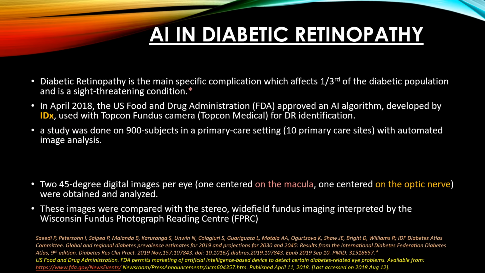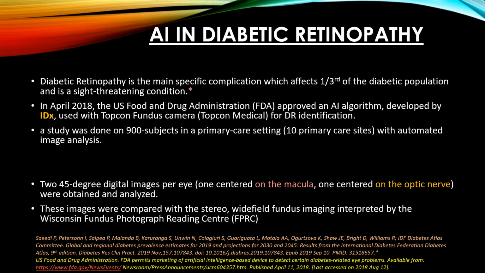Diabetic retinopathy is the main specific complication which affects 1/3 of the diabetic population and is a sight-threatening condition. So in April 2018, the US Food and Drug Administration approved an AI algorithm which was developed by the company IDX. It is used along with a Topcon fundus camera for diabetic retinopathy identification.